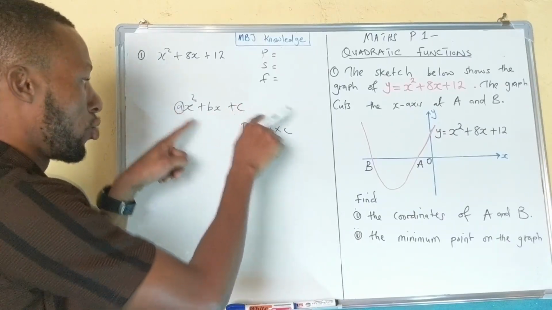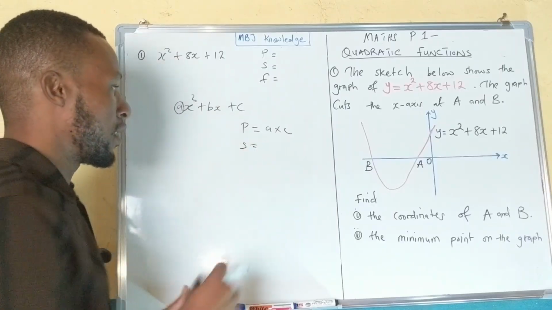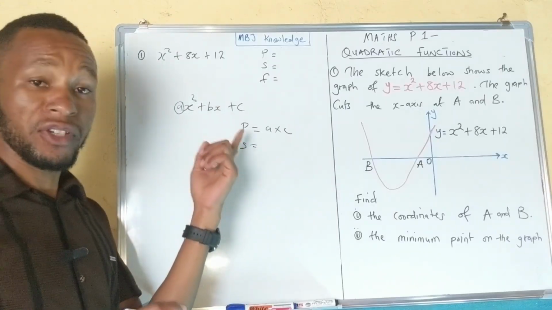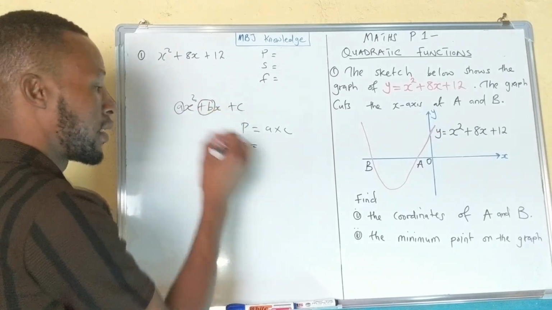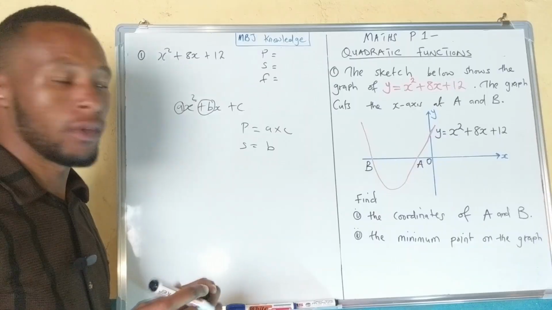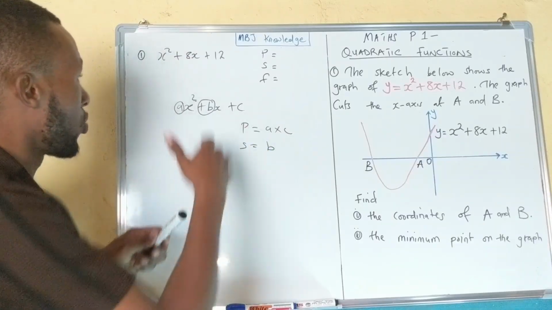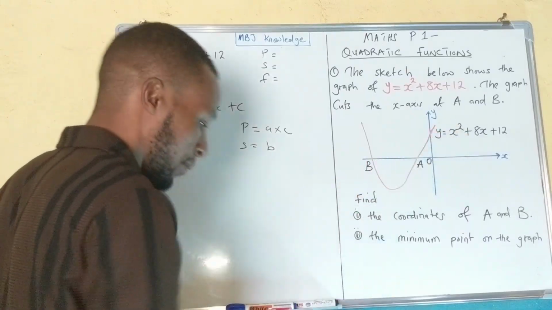When you multiply these two, they will give you what we call the product. Then the sum is given as the coefficient of your letter with power 1. In this case, that is our letter, positive b. That is our sum. So using this concept, we are going to go back and use it on our quadratic equation that we've been given there.